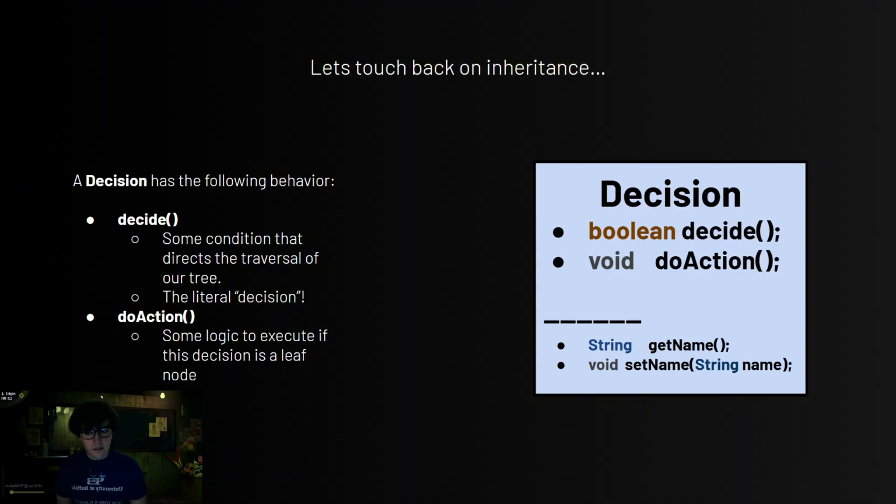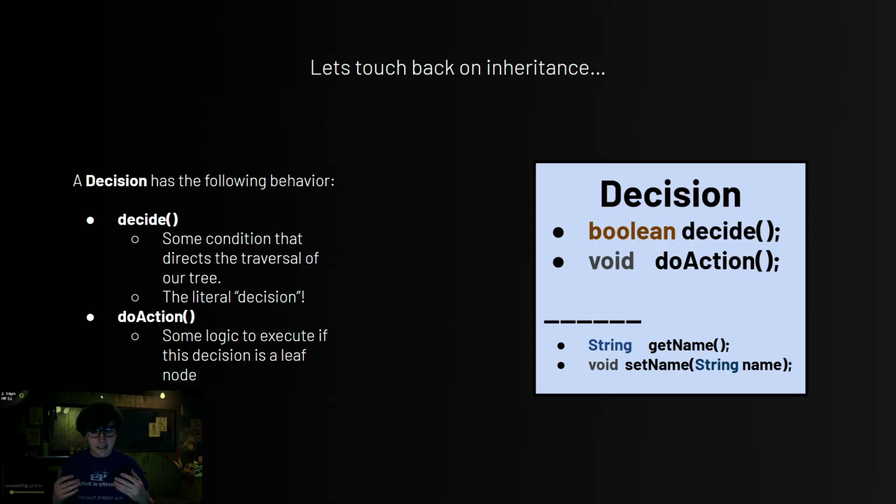So I'm going to define to you a decision because in this task we're going to implement something called a decision tree, and we are going to advance the enemy's AI, and technically we have this system that we could expand many other behaviors of other things, but in this task specifically we encourage to use this for an enemy. But anyways, we're going to take a step back and just talk about what is a decision.